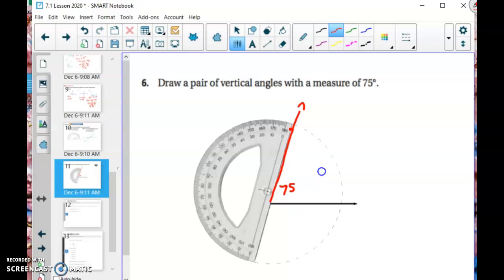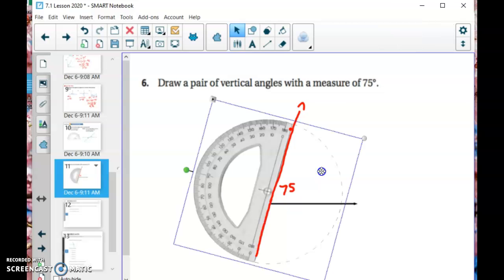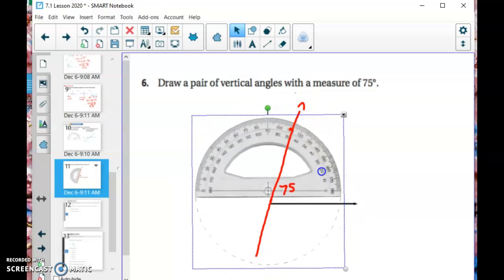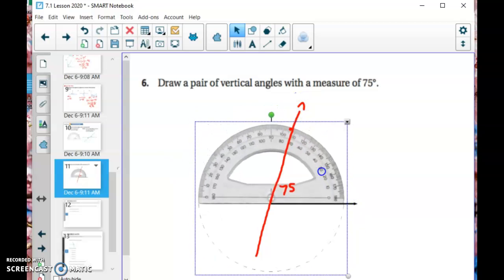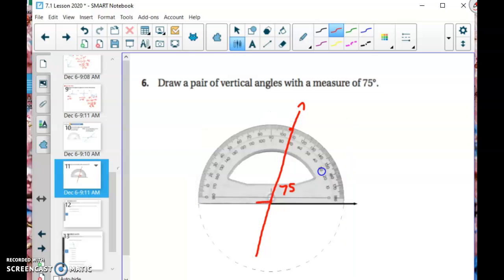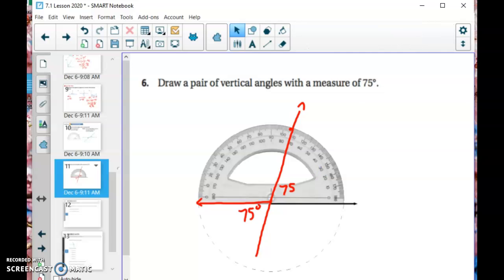Then what I want to do is continue this line going this way, and then I'm going to turn my protractor back to where it was, and I'm going to continue this line this way as well. So now I have intersecting lines where they both would measure 75 degrees vertically.